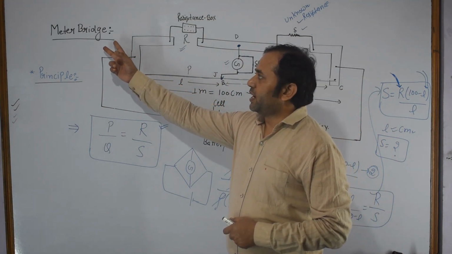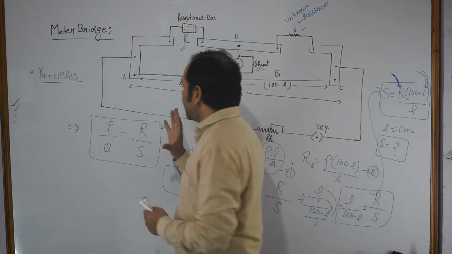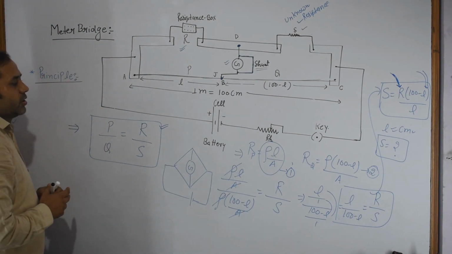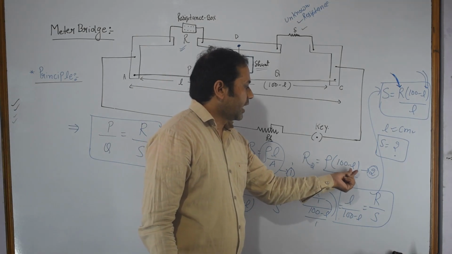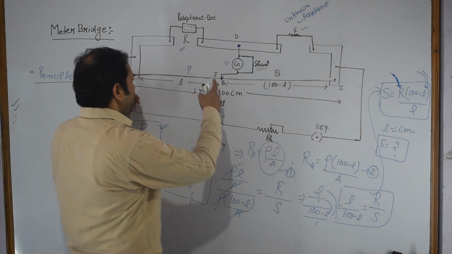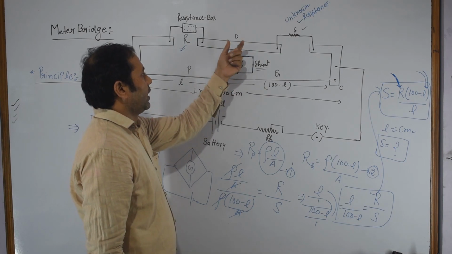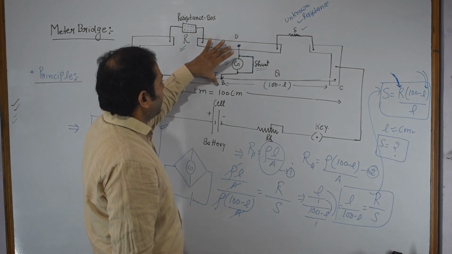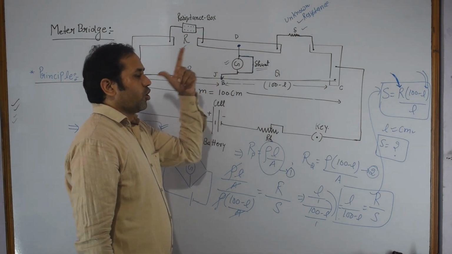The meter bridge is a very important instrument. There is a practical which is based on the meter bridge, and the calculation will be done in the same way. You have to calculate the value of length L, that is the null point, by pointing out zero deflection in the galvanometer.